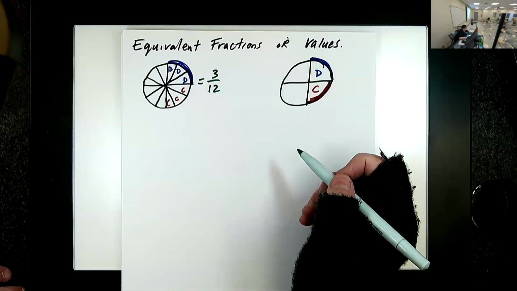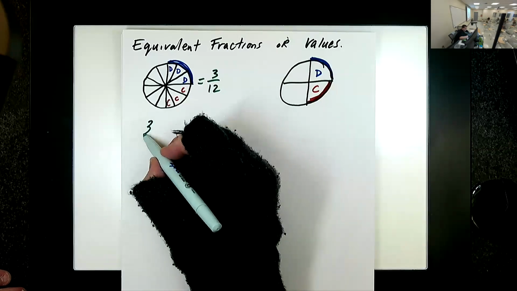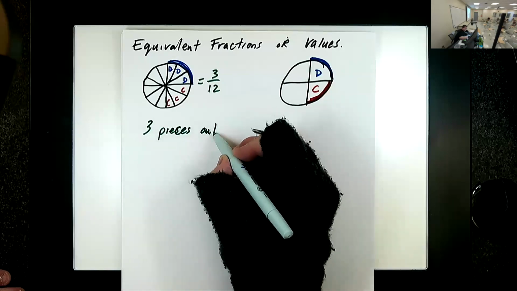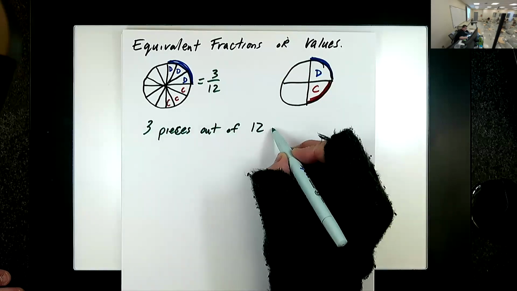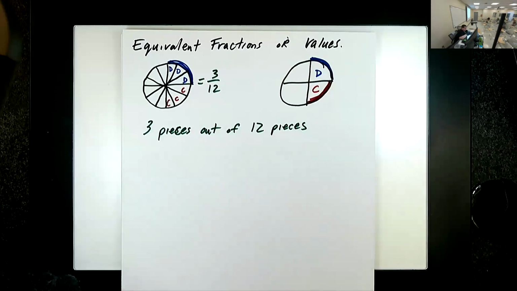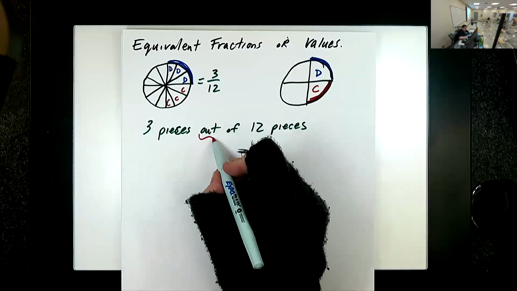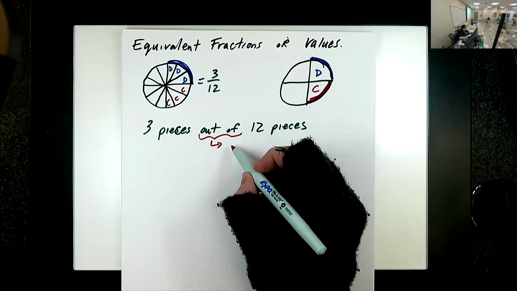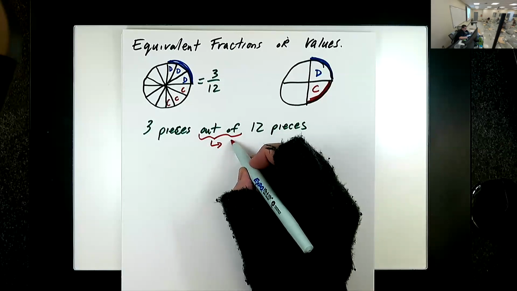In fact, I kind of wanted to write down what I just said. I said 3 pieces out of 12 pieces. When you see this "out of" with a number before it and a number after it, it almost invariably means a fraction.